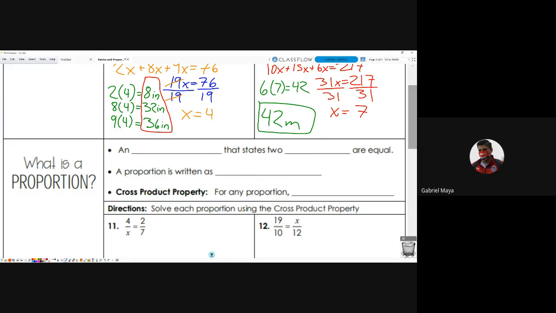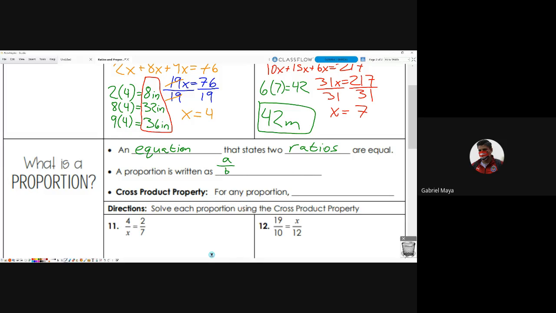Well, what is a proportion? Well, it's an equation. It's an equation that states two ratios are equal, okay?